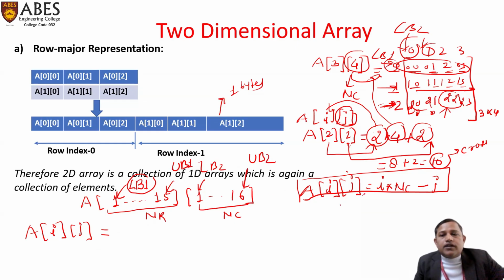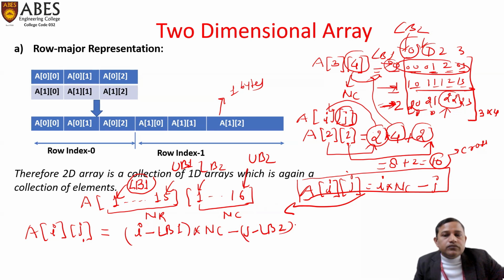Here you can generalize the formula: I is the index minus the lower bound of row, into the number of columns of the matrix, minus j. J is the column index, the jth index of column minus the lower bound of column.